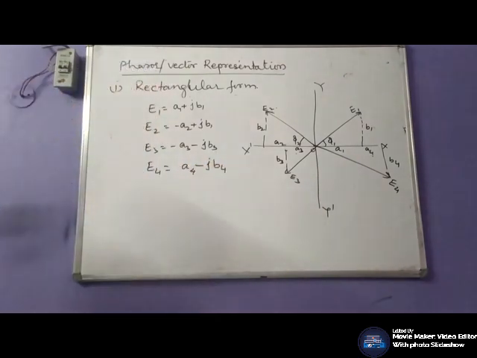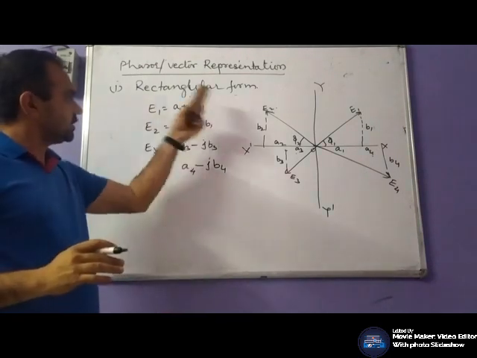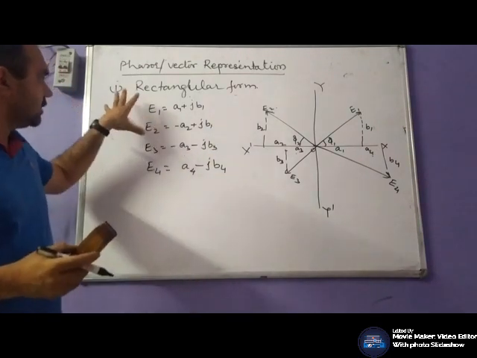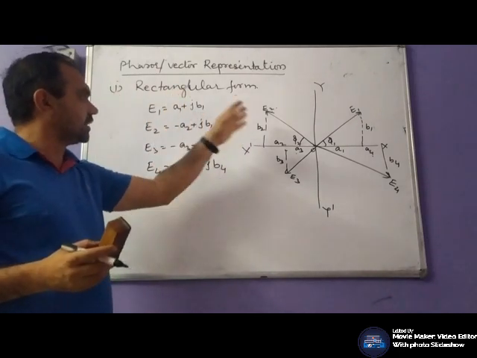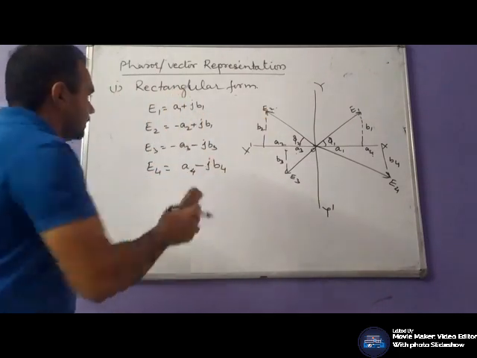So this is the symbolic notation by which these phasors are represented in terms of their horizontal and vertical components.